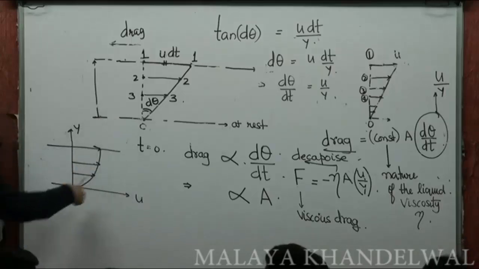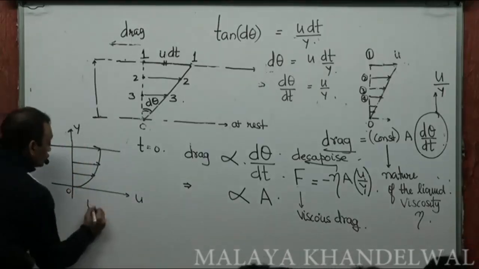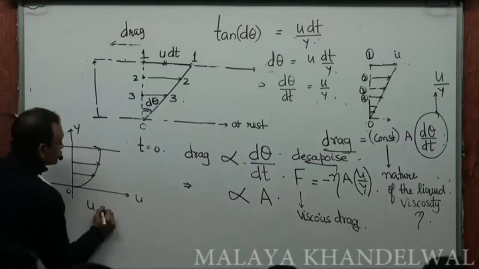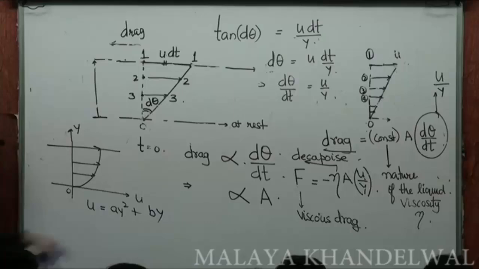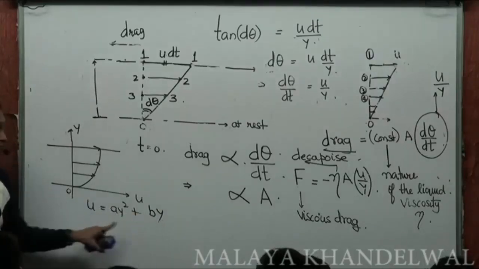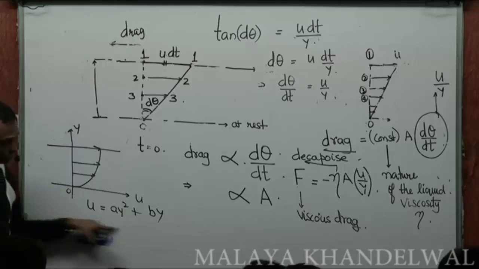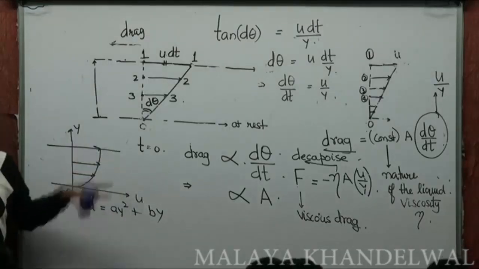The velocity profile could be parabolic in the sense that u as a function of y could be a y squared plus b y. If a was 0, then u versus y would be a linear variation. But if a is not 0, then u versus y is a quadratic variation, which graphically is a parabola.